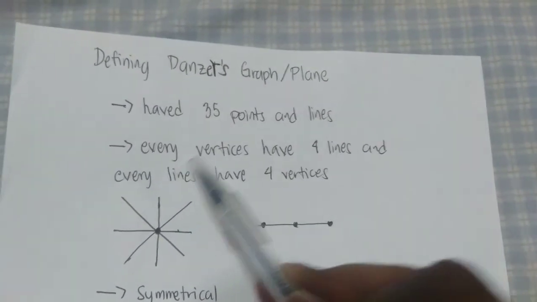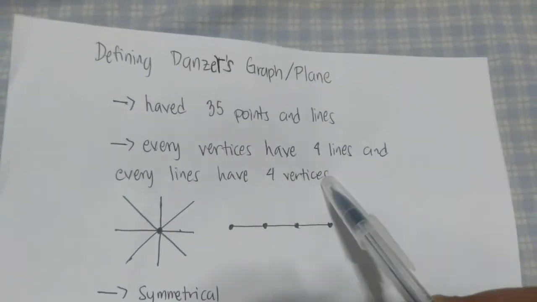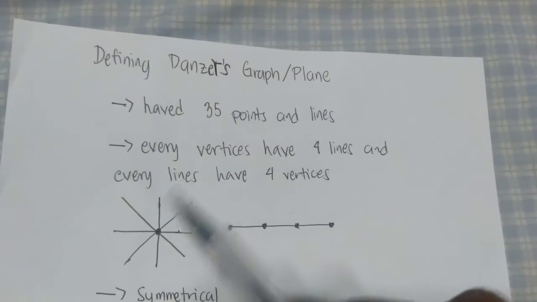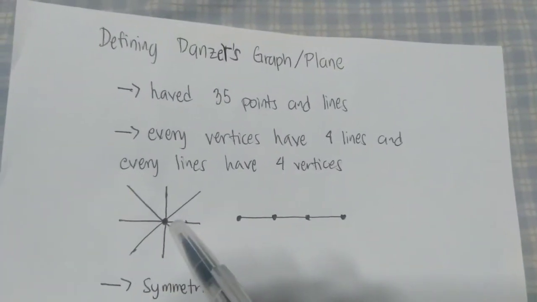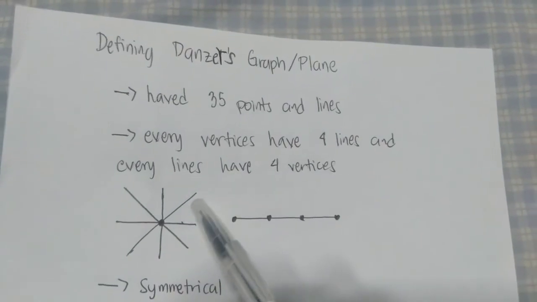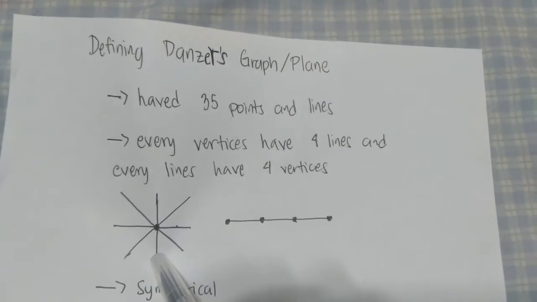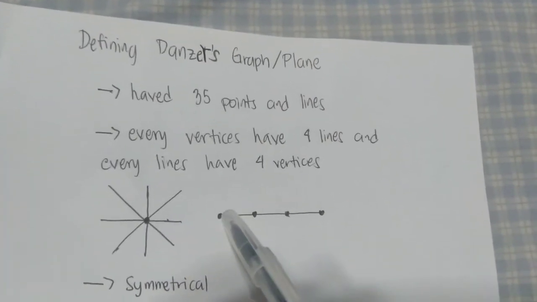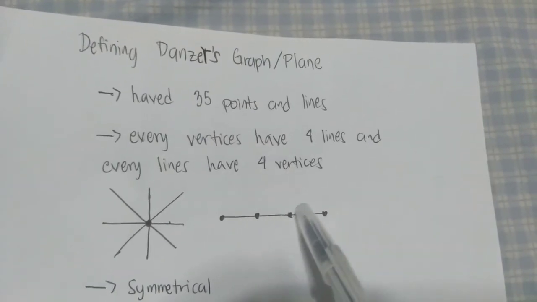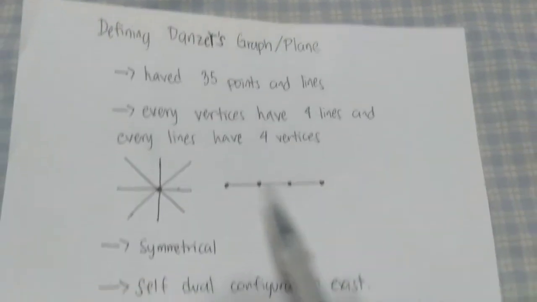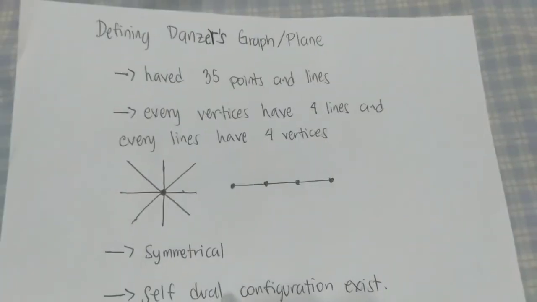Second, every vertex has 4 lines and every line has 4 vertices. So we have an example of a specific visualization: a vertex has 4 lines, 1, 2, 3, and 4, and a line with 4 points, 1, 2, 3, 4. The third one is that the Danzer plane is symmetrical.